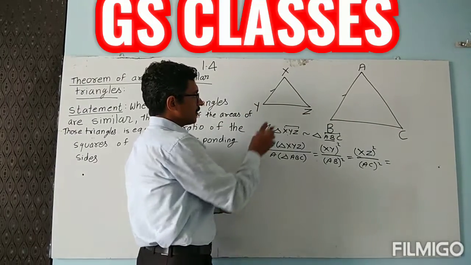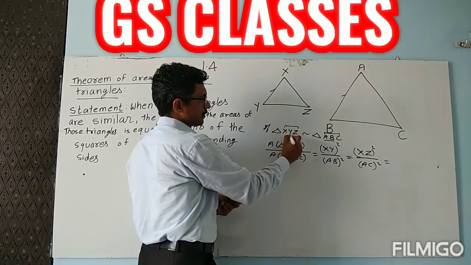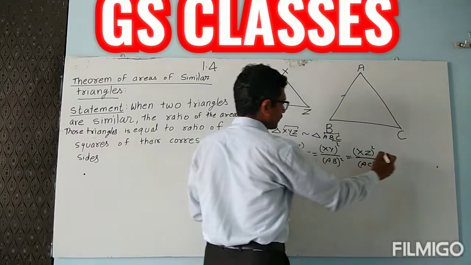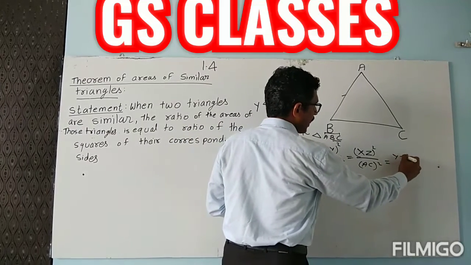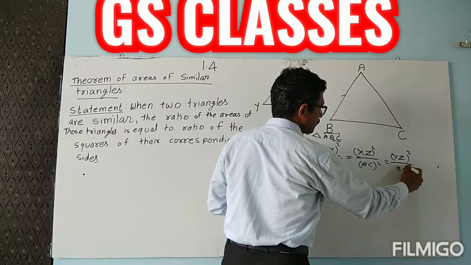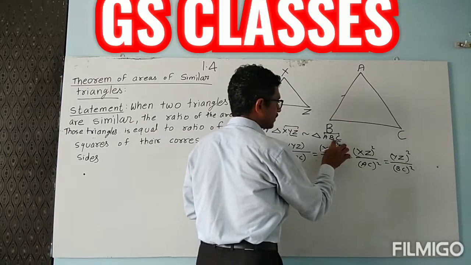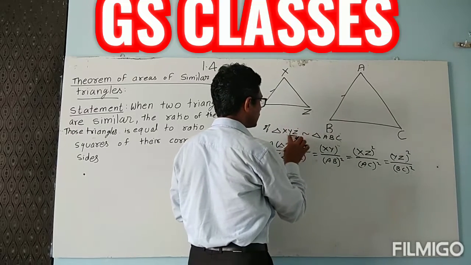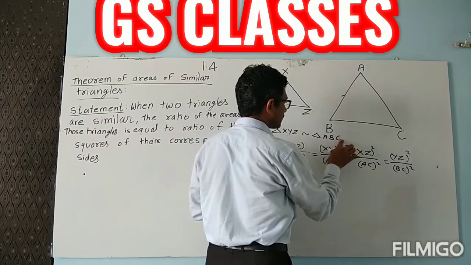Again, if I am taking YZ, here it is BC. So YZ squared by BC squared. We will erase all these things from here.